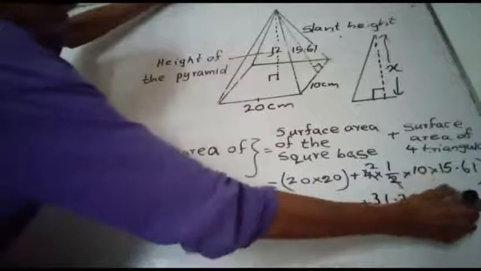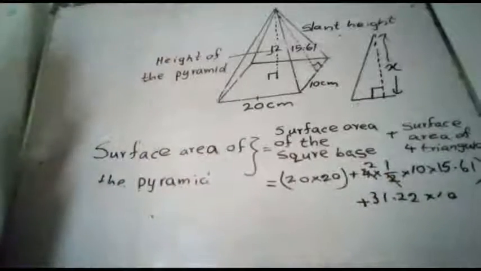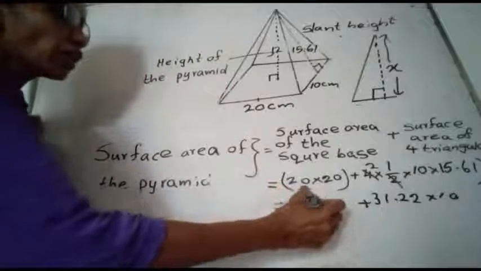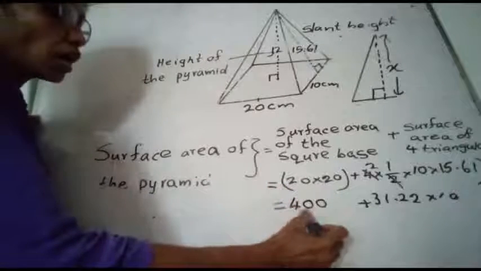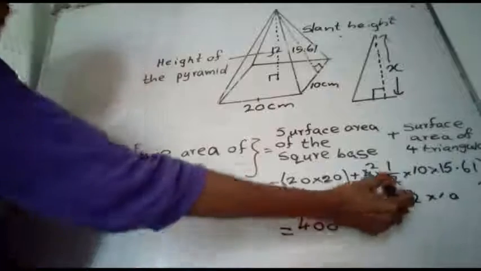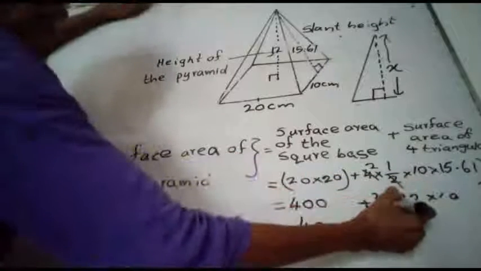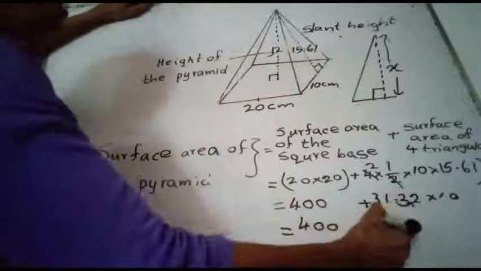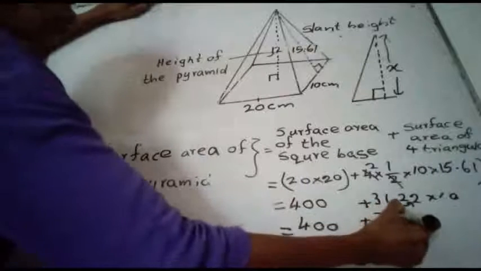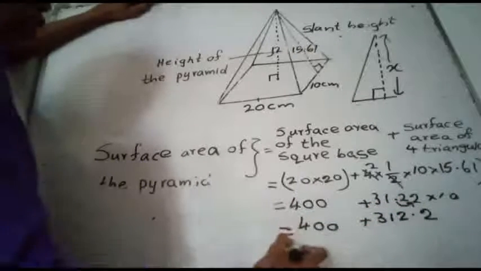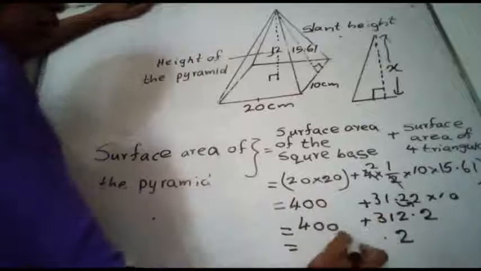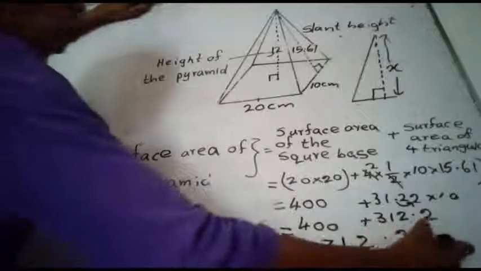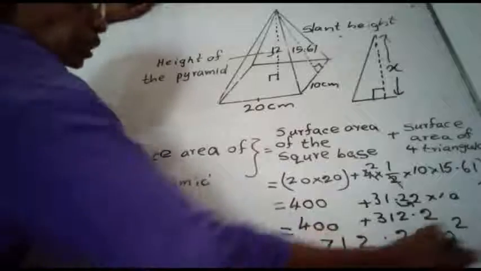Multiply by 10. 20 times 20 is equal to 400. 400 plus, then multiply by 10. The decimal point moves one place to the right. 312.2, so the total is 712.2 square centimeters.